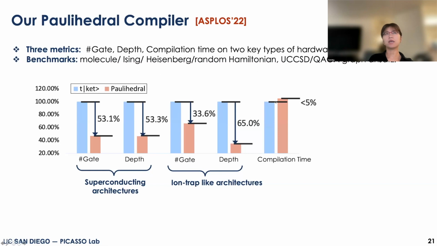You can see we can reduce both the number of gates and the depth by almost 50%. Because we are enabling this kind of high-level optimization, compared to the single-pass optimizations in previous work, we have more compilation time, but it's only 5%, so it's tolerable.